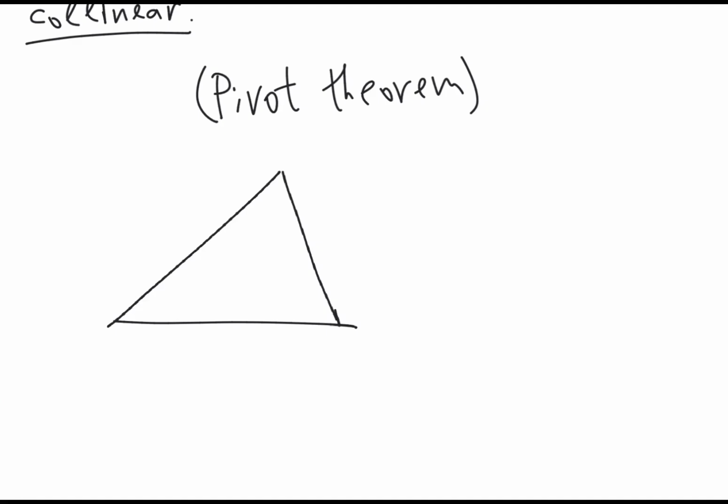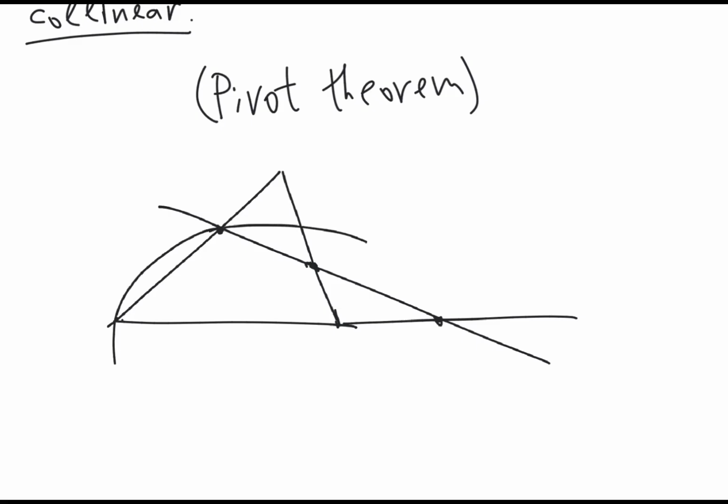It means that we take a line, take the intersection points of this line with the sides of the triangle, so these 3 points, and we similarly construct the circumcircles of the triangles. So we take this circumcircle, we take this circumcircle, and we take this circumcircle.